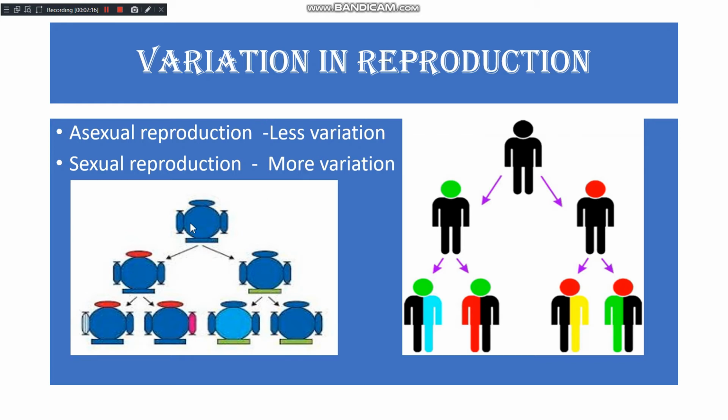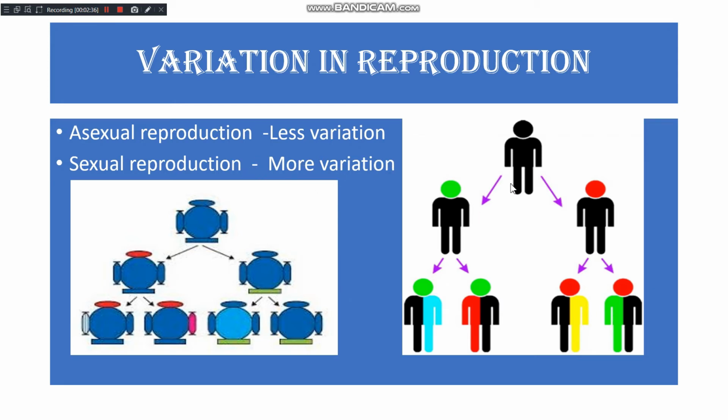This is evolution: one species will come which is totally different from the parent species. I will explain this when we continue with this chapter. Here I am explaining how the variations occur.